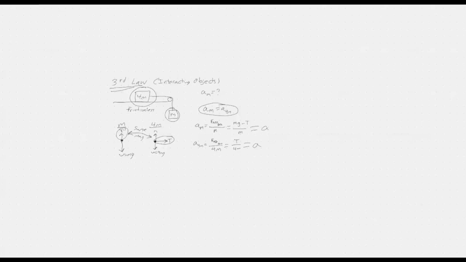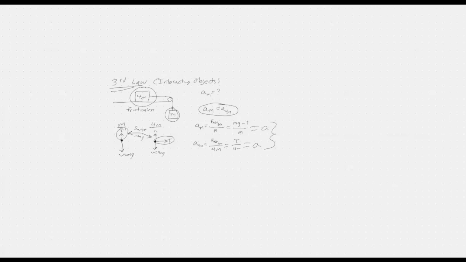And then what I can do here is have a set of simultaneous equations, where I have two variables in each equation that are the same, which means I can solve for both through substitution.